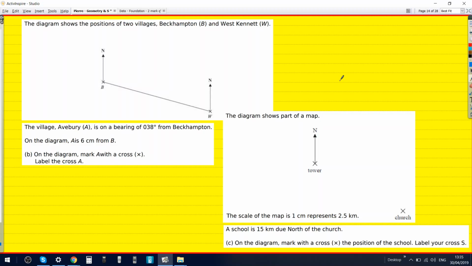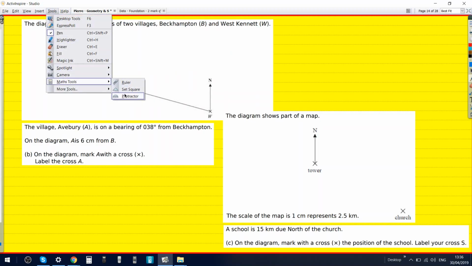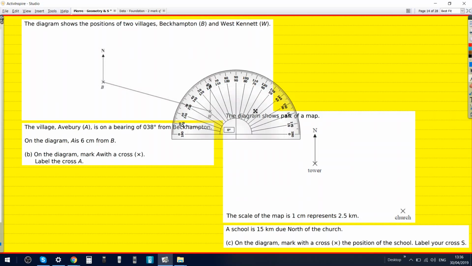So that measures 38 degrees, and A is 6 centimeters from B. Hold on, the village Avebury is on a bearing of 38 degrees from Beckhampton.